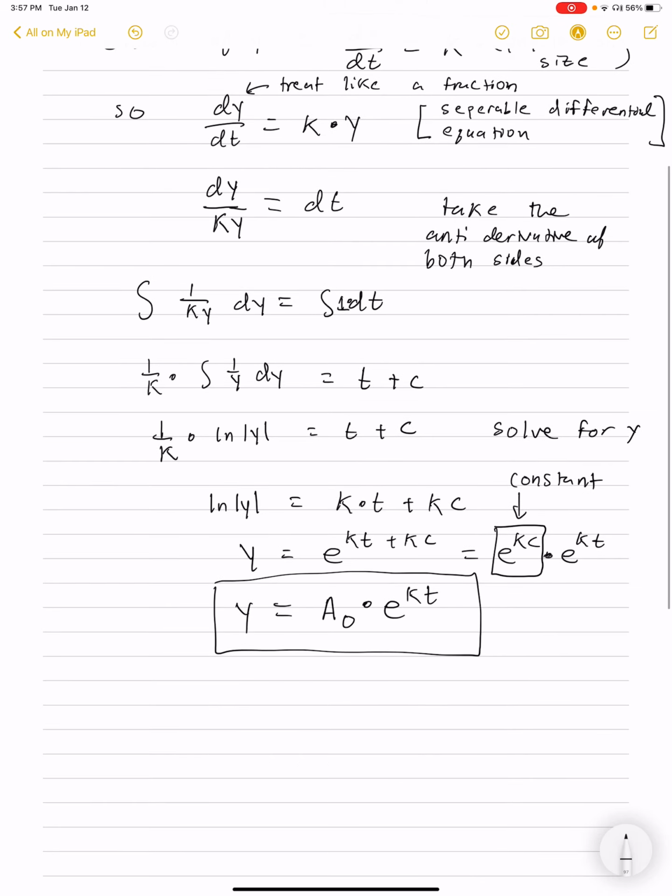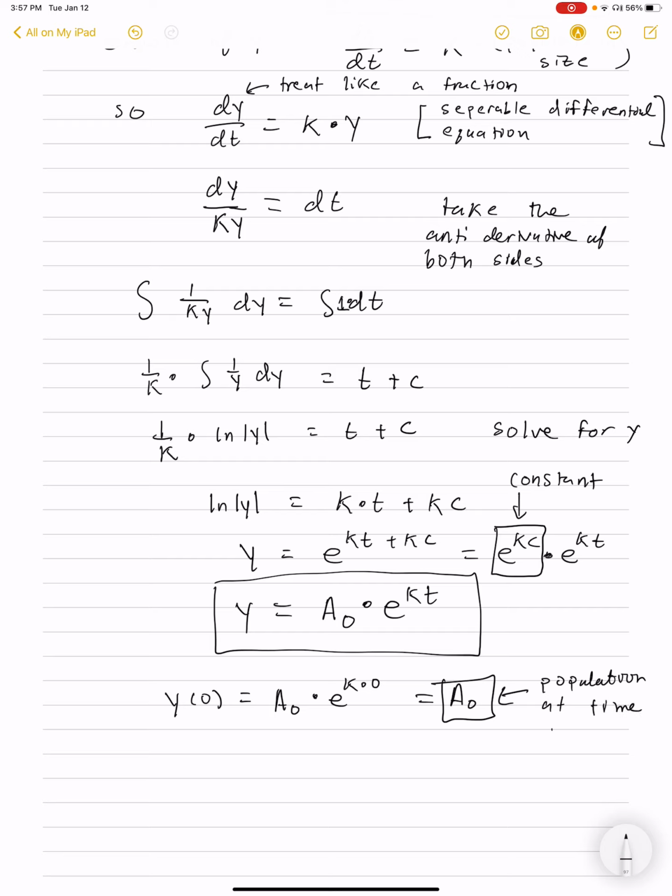Now, the population at time 0 is just y of 0, so we plug that in. That's a0 times e to the k times 0, and that's just equal to a0. So a0 is the population at time 0. Some people call that the starting population.